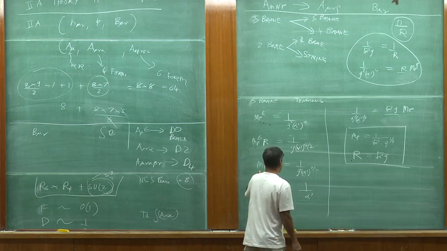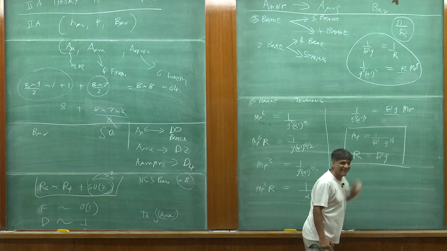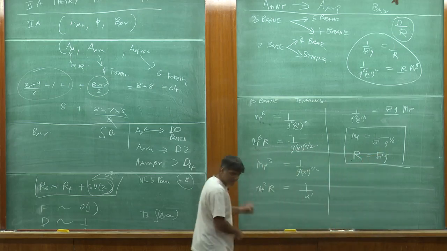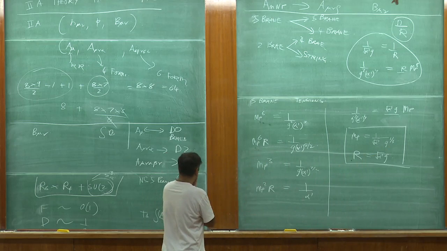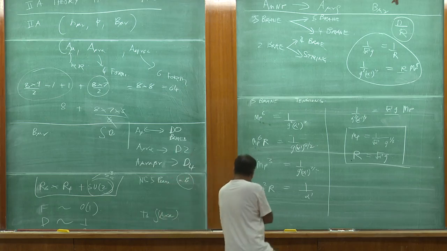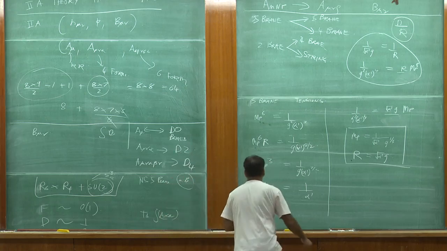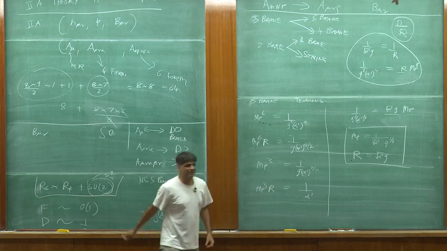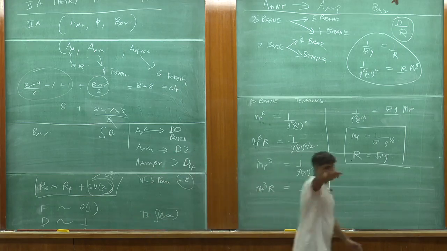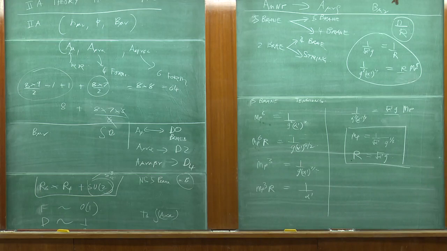Yes, that's working, because 1 by G. So what have I done wrong here? Just 1 minute. It's MP cube times R. That's what I've done wrong. So the tension of the two brane times R. Okay, and then that also works, right?